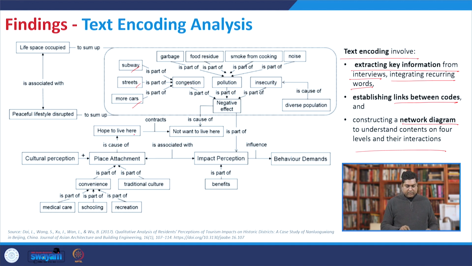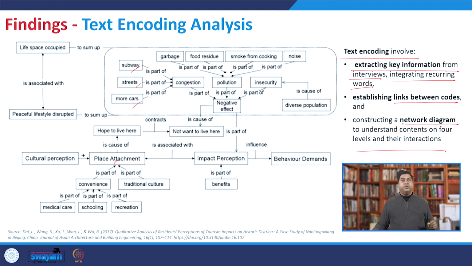Obviously, in this case, when you hope to live here, it is related to cultural perception or place attachment, whether place attachment is a part of the convenience and the traditional culture.